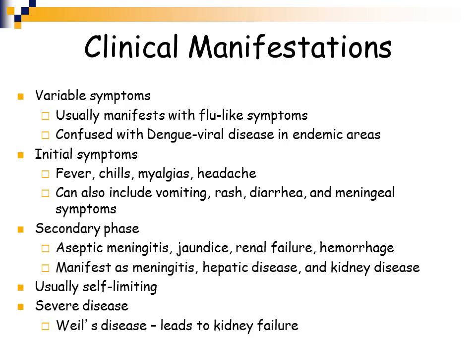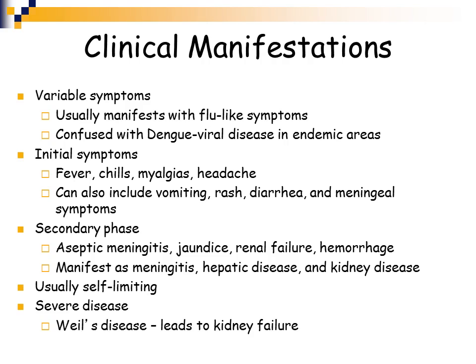There is a secondary phase of infection that includes an aseptic meningitis, jaundice, can include kidney failure, as well as hemorrhaging. So the secondary phase can get very severe. So it manifests as a meningitis or liver or kidney disease.